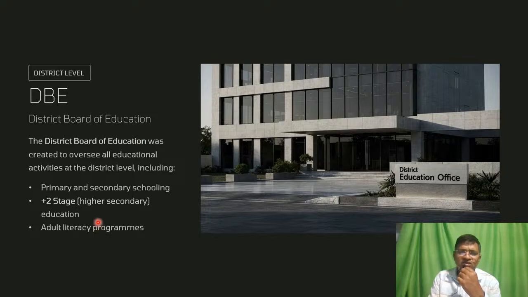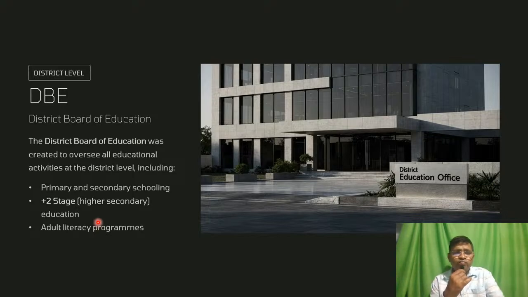The state level implements the national level curriculum and looks after all the state level education matters, whereas the district board looks after all the primary and secondary schooling as well as plus two, which in some other states is also called intermediate level or 12th standard.